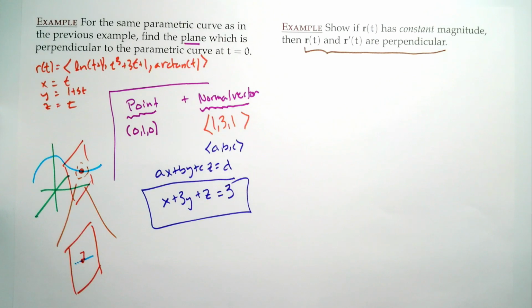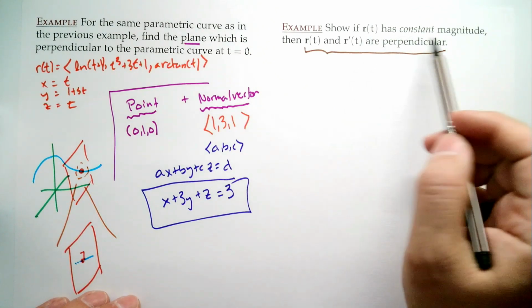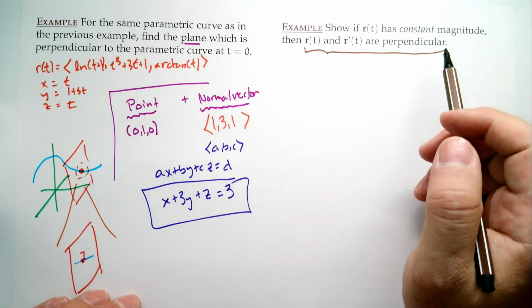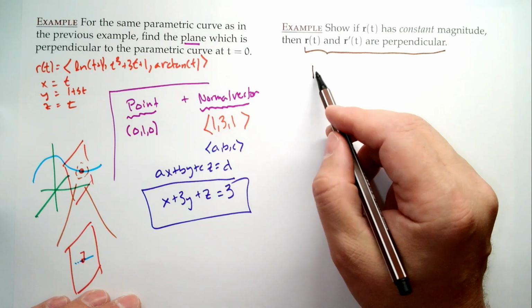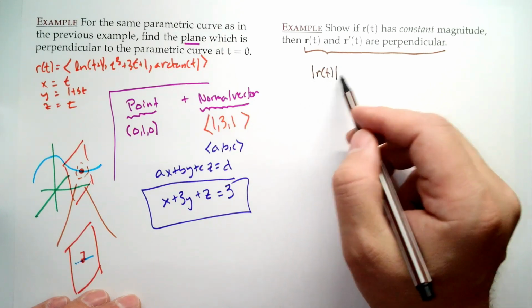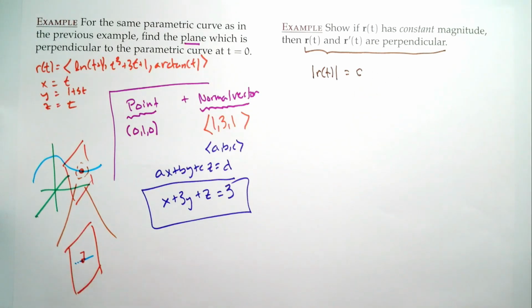All right, so we know our goal, because we know almost nothing about r of t. So we want to be very generic. So we want to use a tool which is very generic. So we want to think about a dot product tool. Okay. There's this other fact. r of t has constant magnitude. Okay. So that means that if I take the magnitude of r of t, it's equal to some value. Let's say c. c for constant.